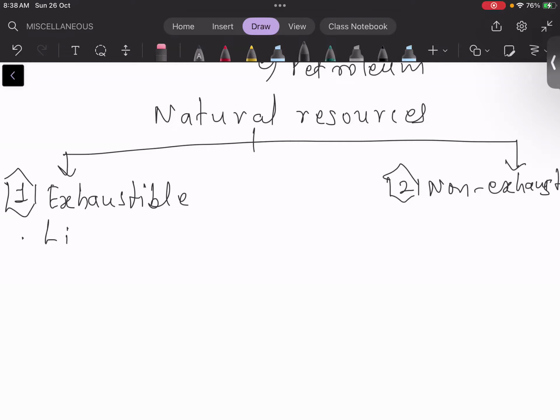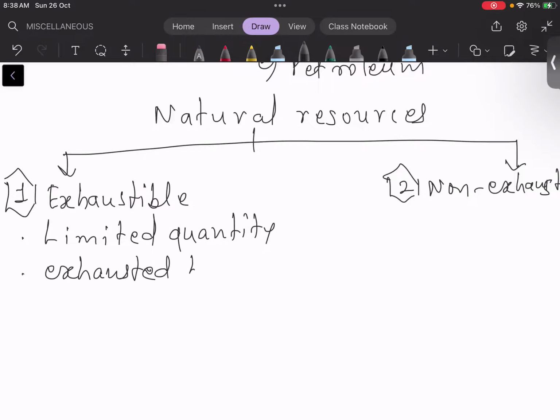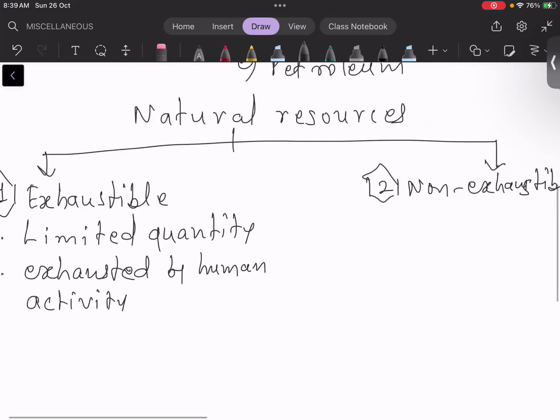They are present in limited quantity and get exhausted by human activity.